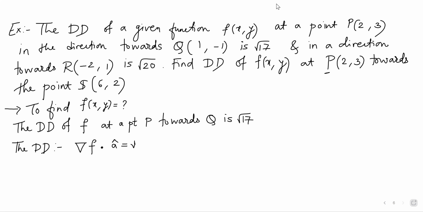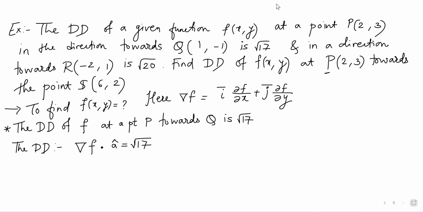Now, what is del f? It is a function of two variables, so it is i bar times dabba f by dabba x plus j bar times dabba f by dabba y. So what do I get?